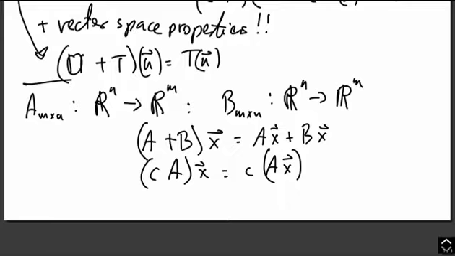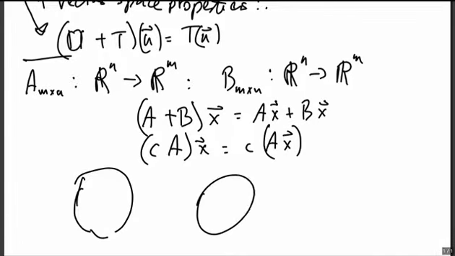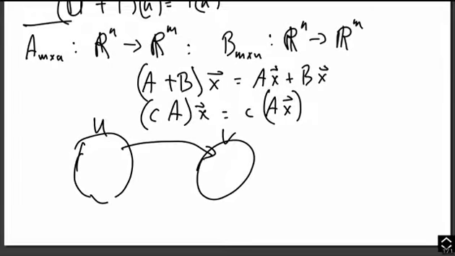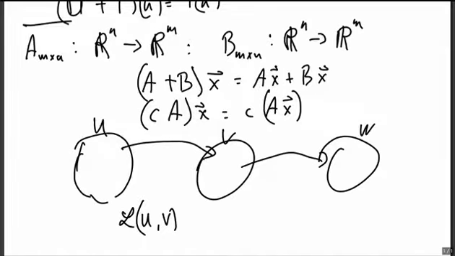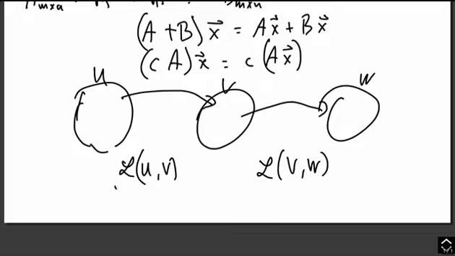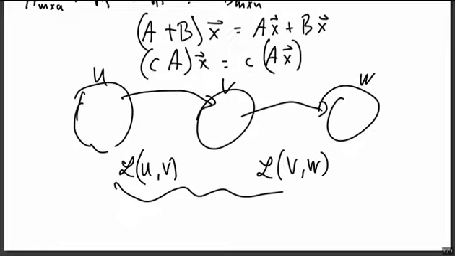If we have these linear transformations going from U into V, then we can also continue and go from V into a third vector space W, and look at the linear transformations going from V to W. Then we might want to combine transformations.